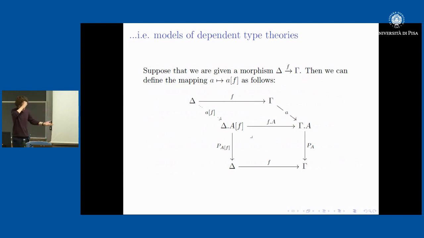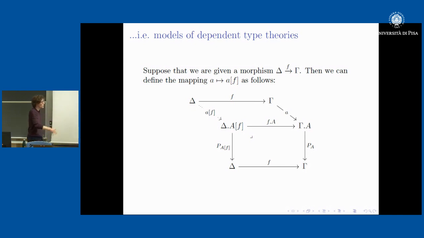Categories with attributes are models of dependent type theories, because you can really extend the substitution to terms. If you are given a section a of a given display map, p_A, so a semantic term a of type capital A, then there is a unique section a of p_{A[f]} making the upper square commute. And we define a[f] to be the substitution of a given morphism of context f inside the term a.